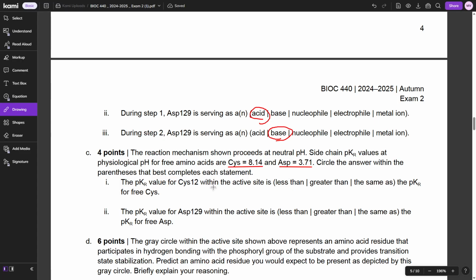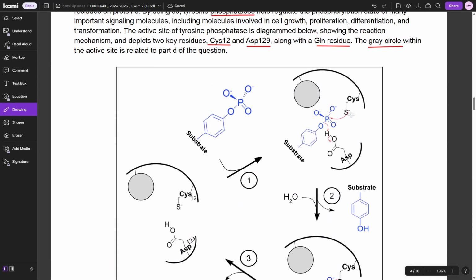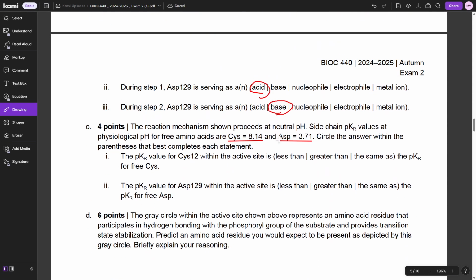So the pKa for cysteine within the active site. I know that this cysteine has to be a nucleophile, and it's going to be a nucleophile when it's in its deprotonated state. If cysteine has a normal pKa of 8.14, and physiological pH is 7, pKa is greater than pH, so it's probably going to be in its acidic form.